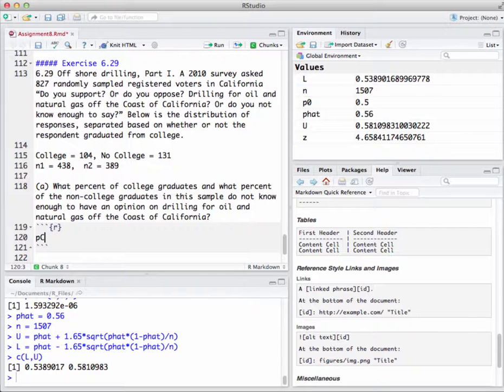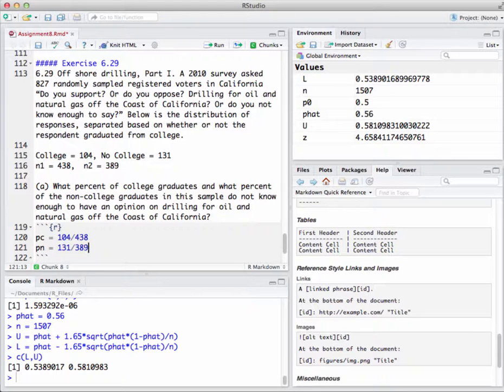So the proportion of folks who had college, we will make that equal to 104 divided by 438. And then we'll do PN for the folks with no college, and that's going to be equal to 131 divided by 389.